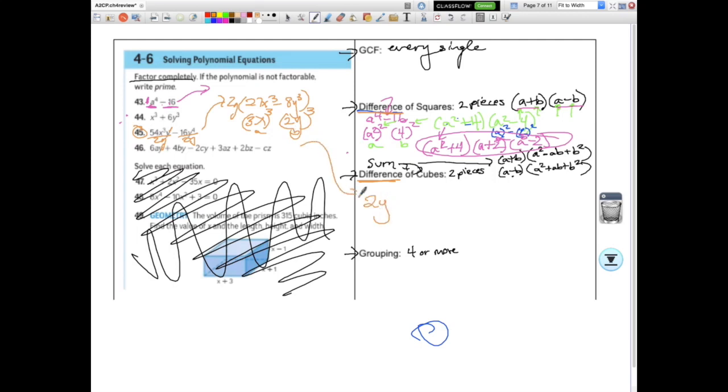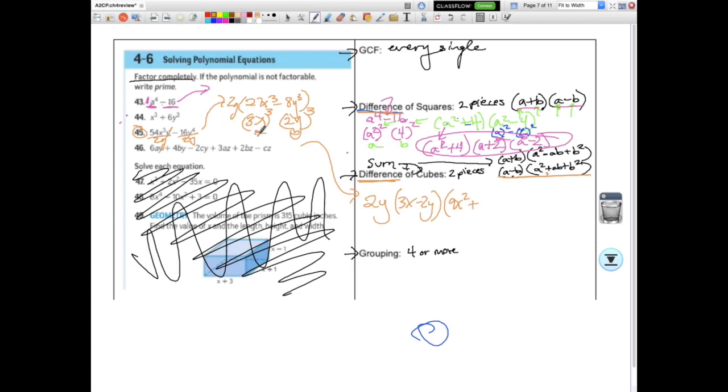So I still have this 2y from the beginning. I'm just going to bring my work down here. Now I'm going to take my a and my b, and follow the strategy for a difference of cubes. I'm going to have a minus b first, so 3x minus 2y. Then a squared, so 3x times 3x, which is 9x squared.